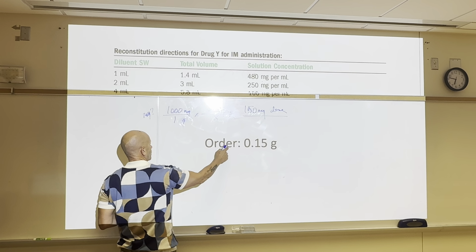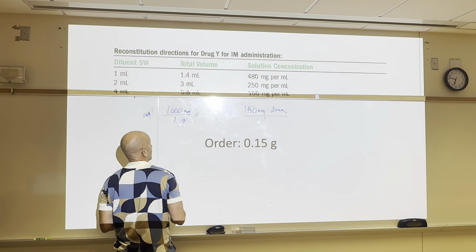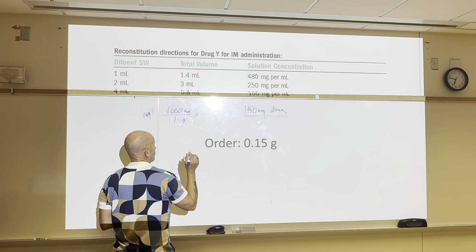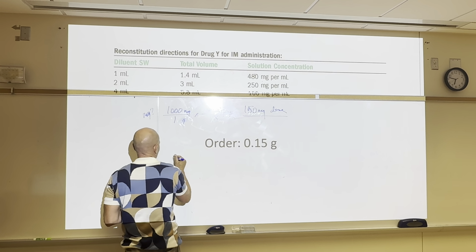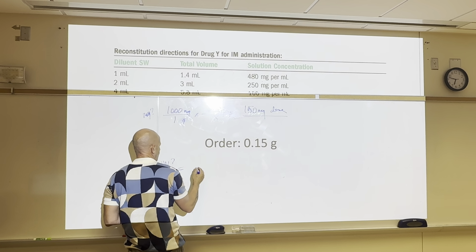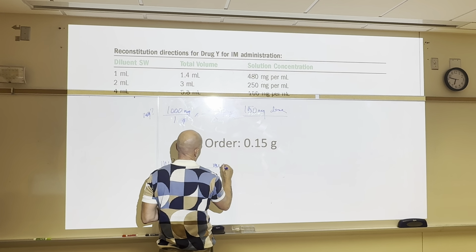So our order is 150 milligram dose. We're looking for how many mLs is in that 150 milligrams. Well, we know we got 250 milligrams per ml. So we're looking for mLs, so that goes on the first line, mLs.